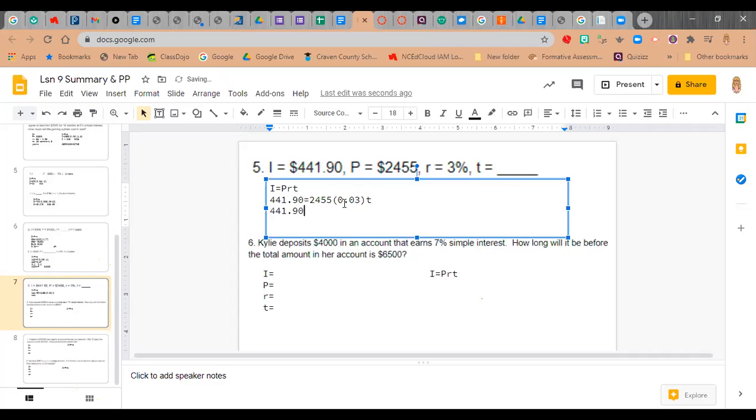73.65. Oh, you got ahead of me there. What'd you say? 73.65. Okay. Now what are we going to do? Divide those sides by what? 73.65. Probably take me longer to write this than it is for you to put it in your calculator.